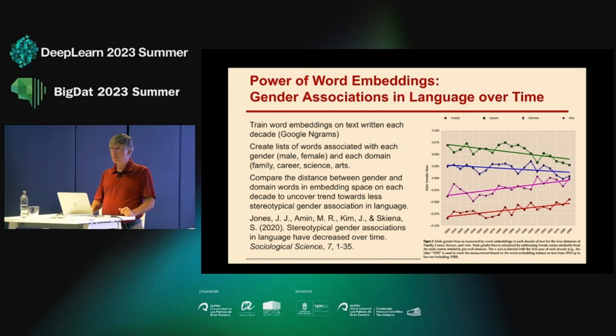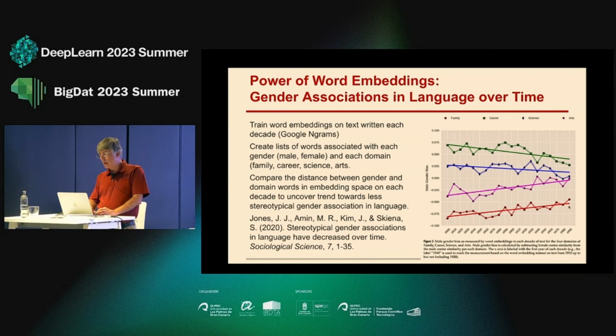But in general, what we have seen is, in the older cohorts, word embeddings trained on old language, the words for career and science were much more associated with men. The words arts and family were much more associated with women in 1800.